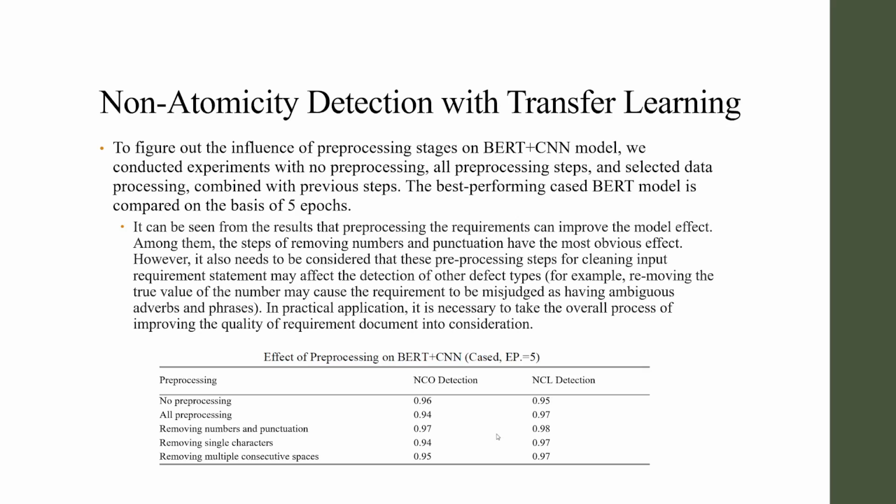Among them, removing numbers and punctuation has the most obvious effect. However, it also needs to be considered that these pre-processing steps for cleaning input requirement statements may also affect the detection of other defect types. In practical application, it is necessary to take the overall process of improving the quality of requirement documents into consideration.